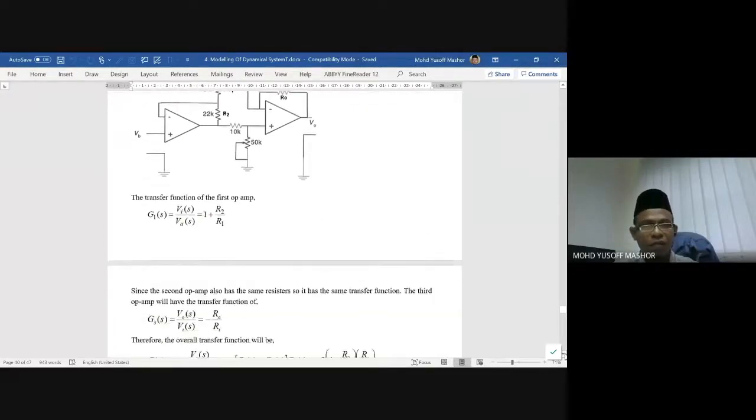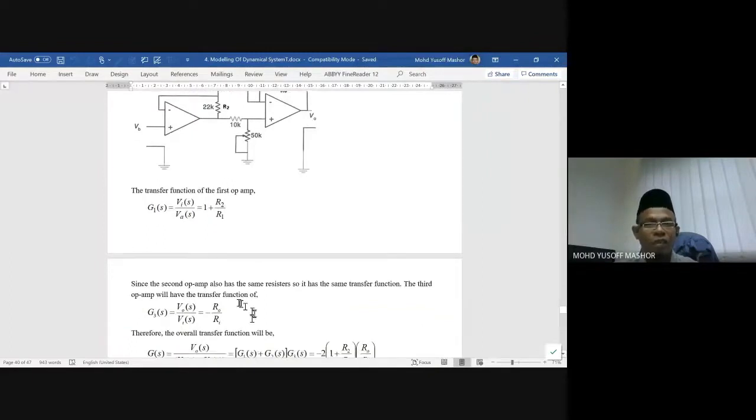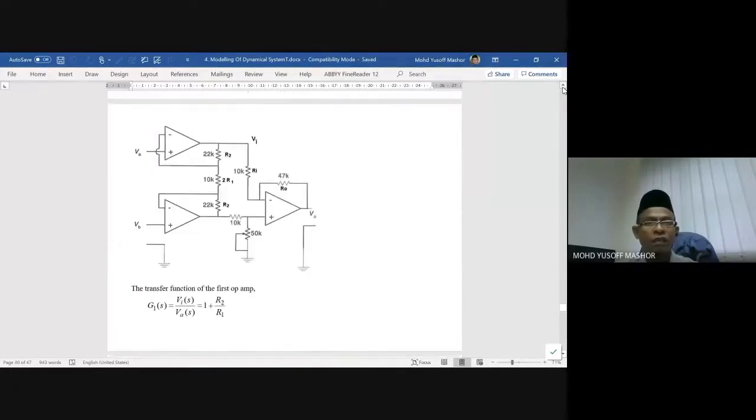So it's going to be an inverting amplifier, and G3 is equal to this one. The first two are non-inverting amplifiers, and the last one is an inverting amplifier.